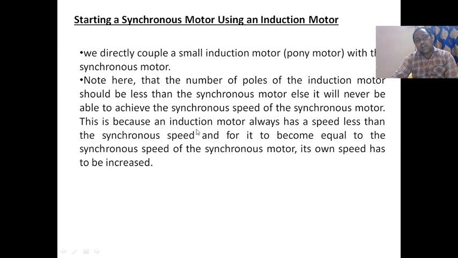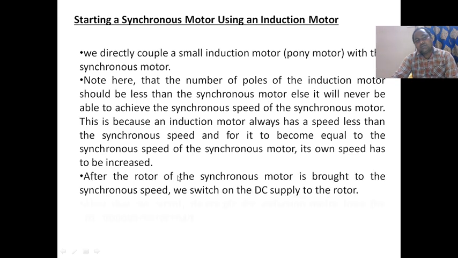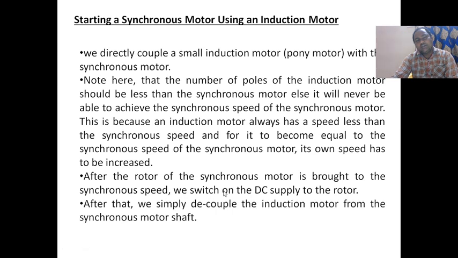This is because an induction motor always has a speed less than the synchronous speed, and for it to become equal to the synchronous speed of the synchronous motor, its own speed has to be increased. After the rotor of the synchronous motor is brought to synchronous speed, we switch on the DC supply to the rotor. After that, we simply decouple the induction motor from the synchronous motor shaft.